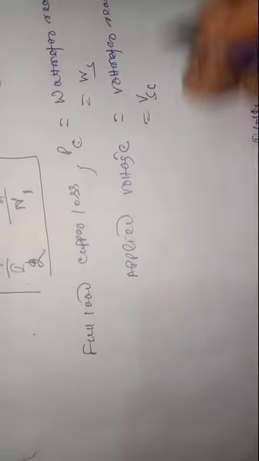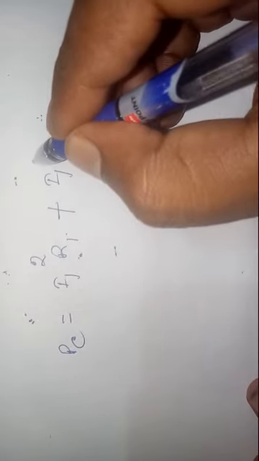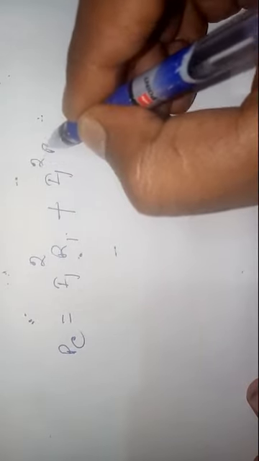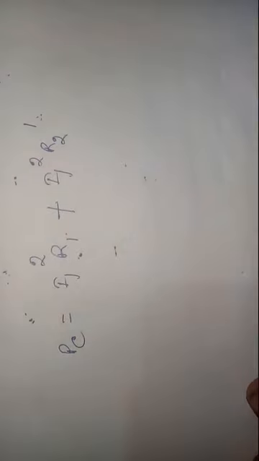Under this condition, copper loss will be I1 square R1, that means I square R on the primary side, plus I1 square into R2 dash, that means the secondary resistance shifted to the primary.